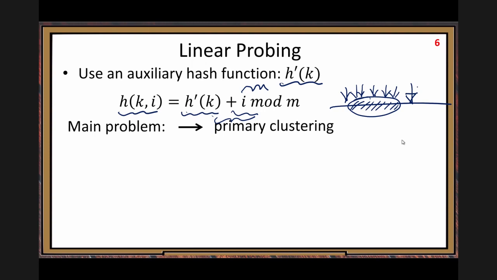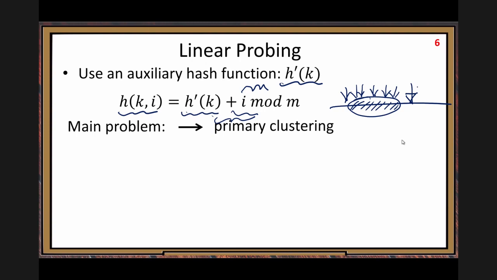That's the biggest problem of this one. So here we call it the primary cluster problem. And you may have a secondary clustering problem. Linear probing would result in primary clustering.